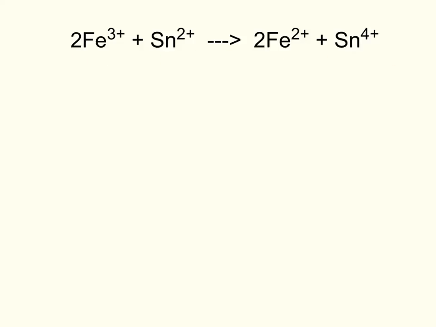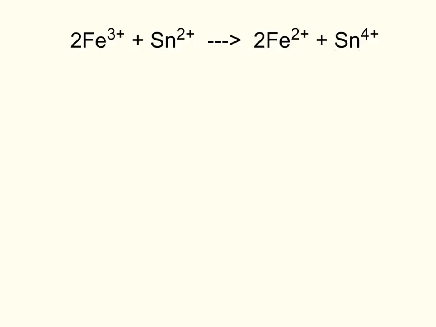So here it is. And back to our conversation about conserved mass and charge, we can see here that we have mass conserved. We have 2 irons on the left, 2 irons on the right. 1 tin ion on the left, 1 tin ion on the right.